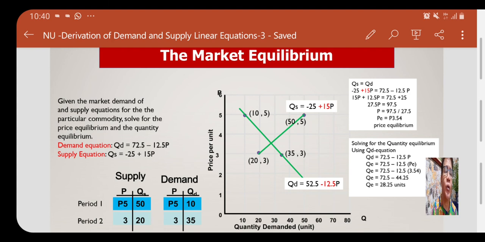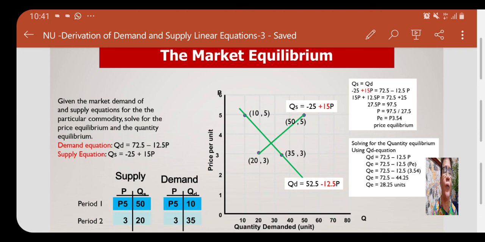QS should be equated to QD. QS is given by the equation negative 25 plus 15P, while QD is given by the equation 72.5 minus 12.5P. Now, bringing all those terms with P to the left side of the equality sign and the whole numbers to the right side, we have 15P plus 12.5P equals 72.5 plus 25.